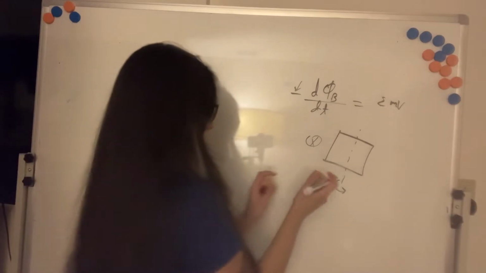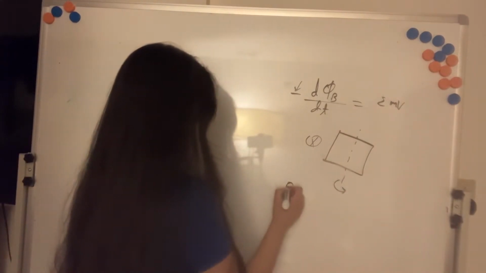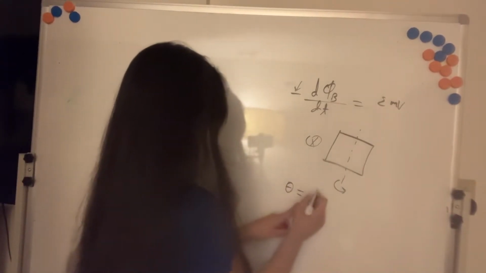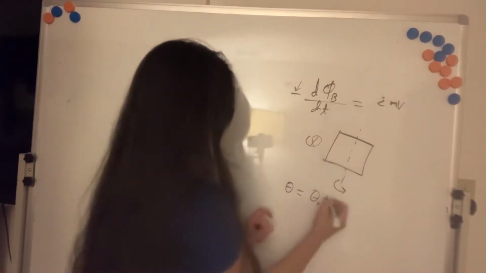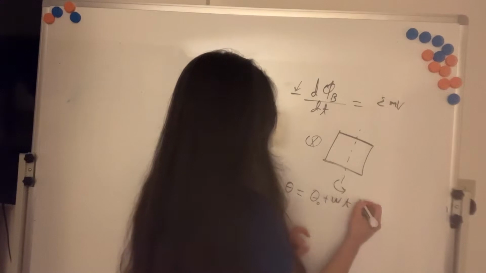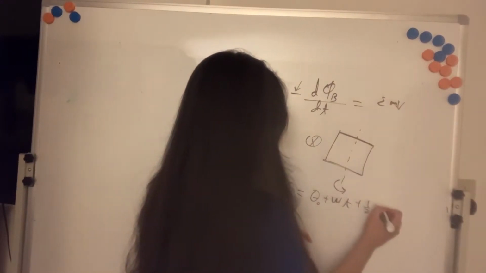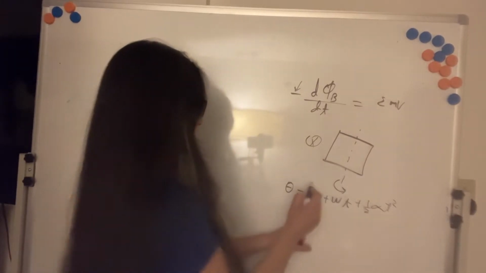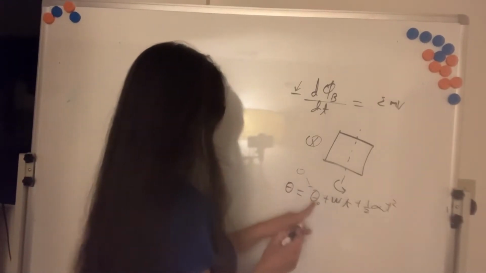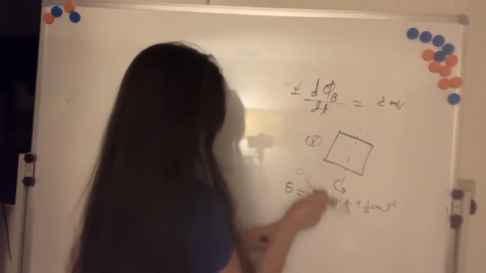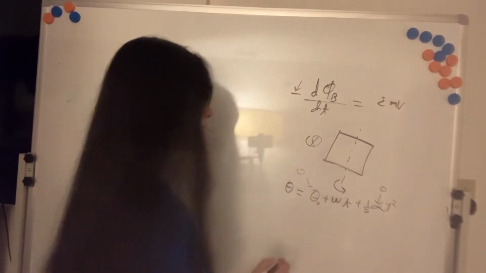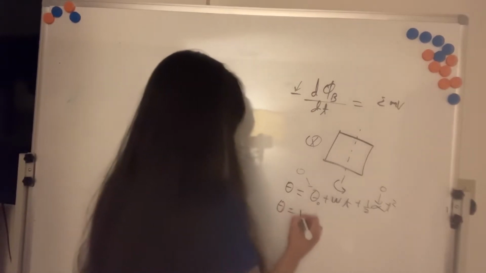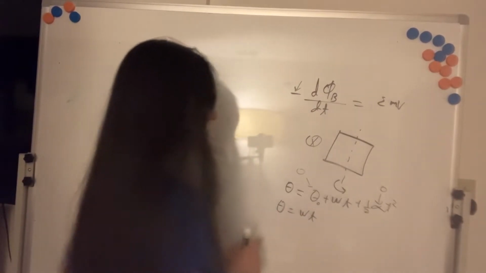So the position theta is equal to the original theta plus the angular velocity times time plus 1/2 of the angular acceleration times the time squared. We have 0 for the original angle, then 0 for the angular acceleration, and we just have that theta is equal to omega times t.